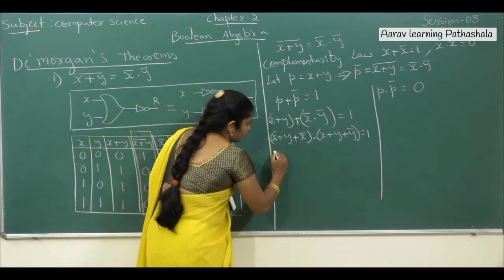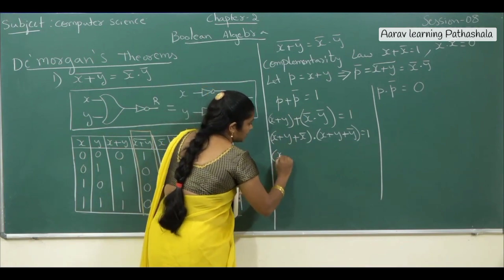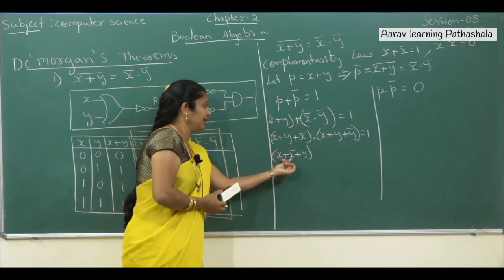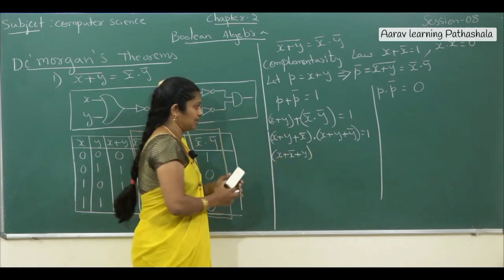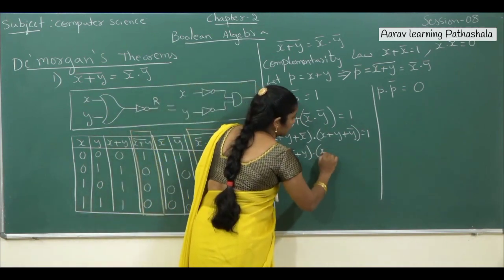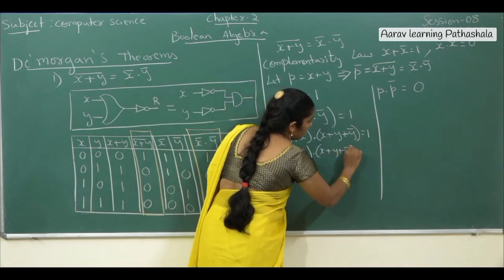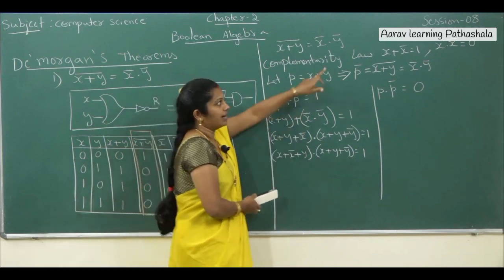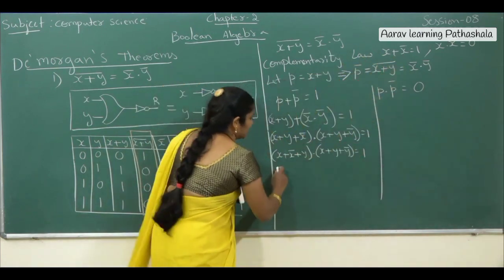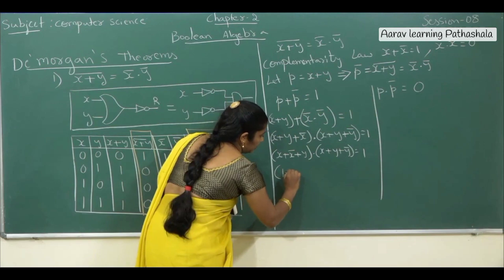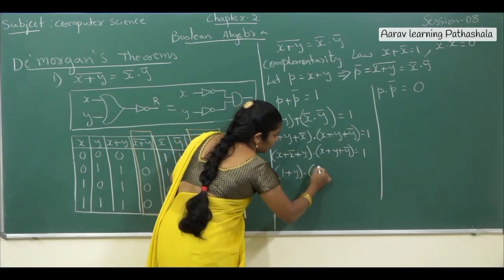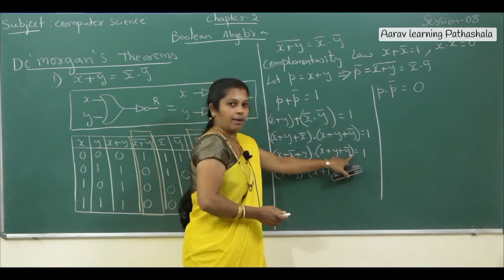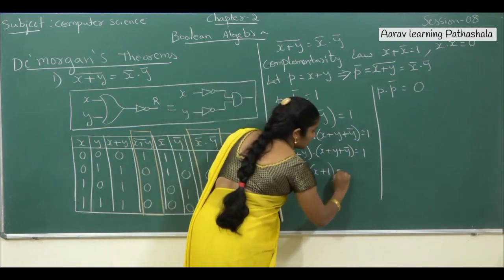Now for our convenience, replace it as x plus x bar plus y, because we will take both the x's on the same side, then into x plus y bar equals 1. Already we know that x plus x bar equals 1. Just replace that. 1 plus y into x plus 1, because y plus y bar is also 1, equals 1.